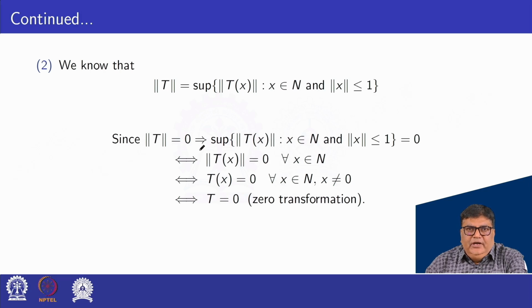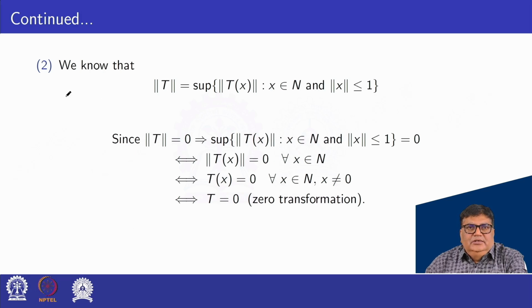Because norm Tx is always non-negative, norm Tx is equal to 0 if and only if Tx is equal to 0, that is T is the zero transformation. So we have proved norm T is equal to 0 if and only if T is equal to 0, that is the zero transformation.